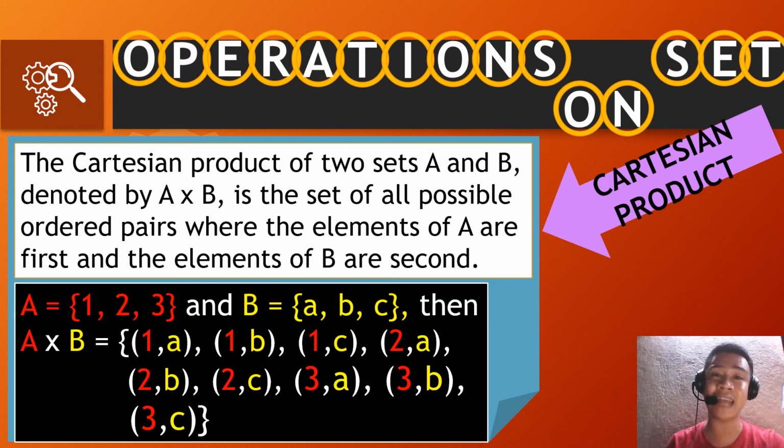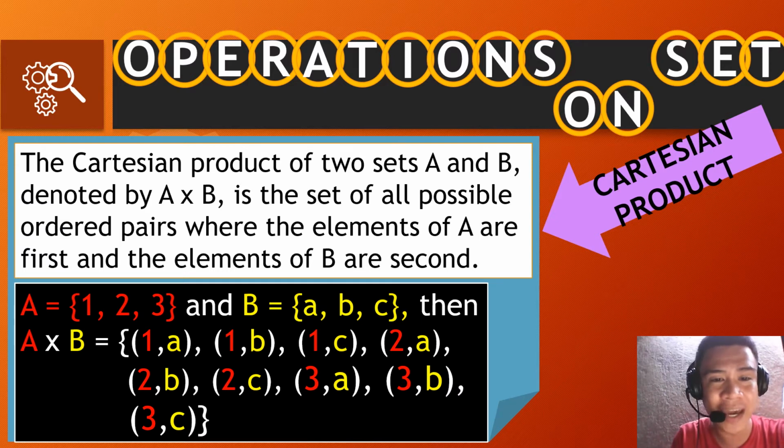And set B is a set whose elements are A, B, and C. Then we can say that A multiplied B is equal to, dapat daw yung first element of an ordered pair is element of set A. At yung second element of an ordered pair must be an element of the set B. So we have here A times B is equal to the set of ordered pairs 1A, 1B, 1C, 2A, 2B, 2C, 3A, 3B, and 3C. That is Cartesian product. Okay, balik na rin natin.